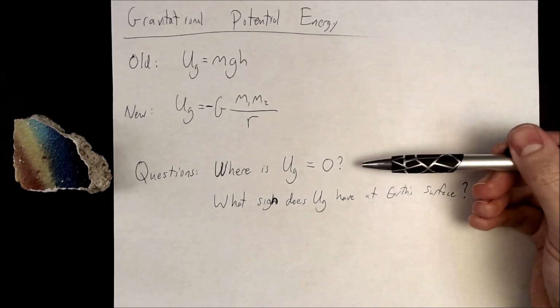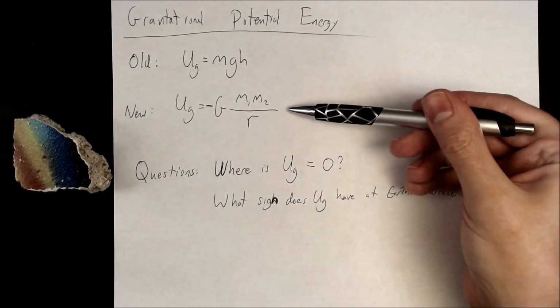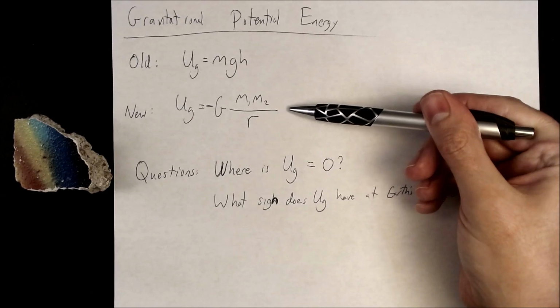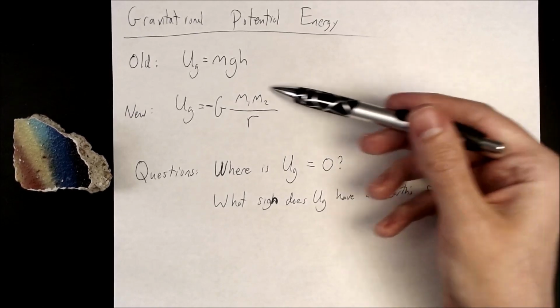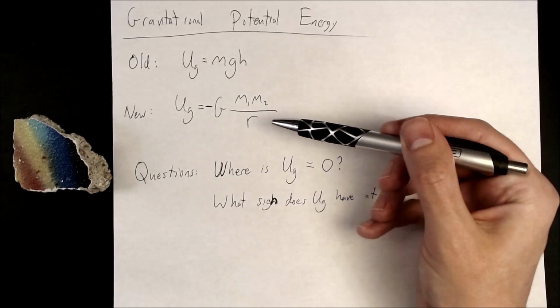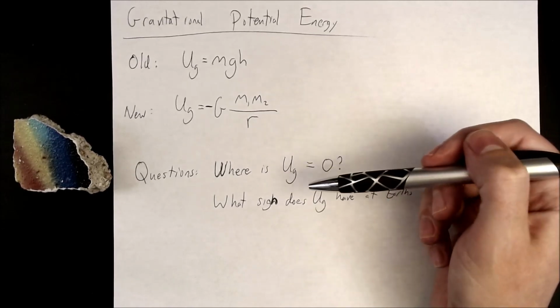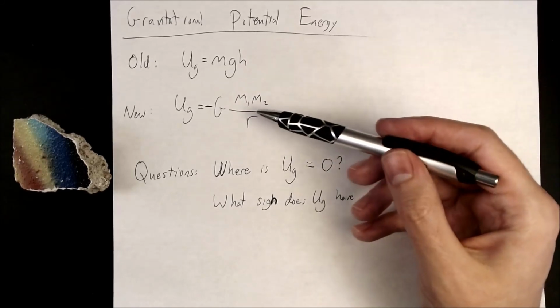Okay, well, where is U_G equal to 0? According to this equation, it's equal to 0 at infinity. Only when r is equal to infinity would you get that this is equal to 0. Plug in infinity for r, and something over infinity, well, it's 0. A mathematician would yell at me for saying that, but I don't care.